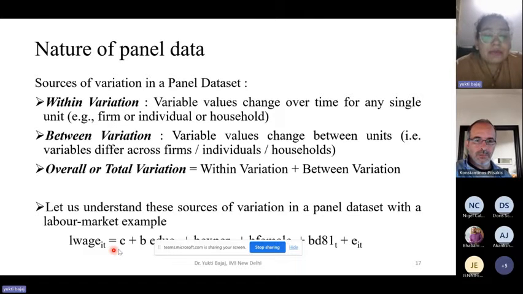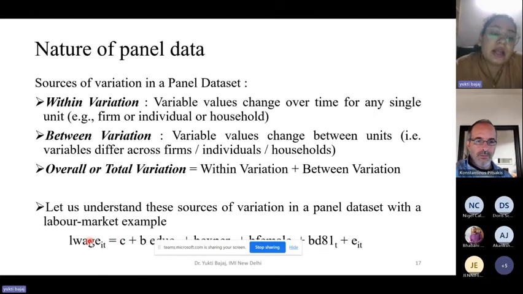So in this labor market example, the model says the dependent variable is the log of wage for labor i, where i is the labor here, in time period t, and it depends on certain factors. This is a simple general multiple regression equation.